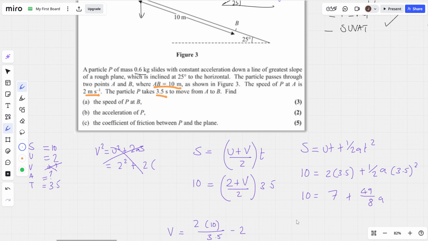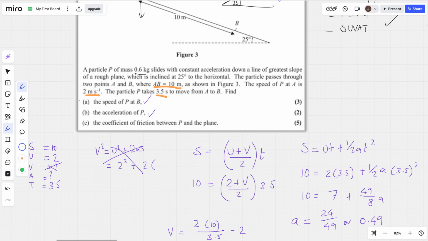So take away the 7. So 10, take away 7, times it by the 8, divided by the 49. I get A is equal to 24 over 49, or 0.49.